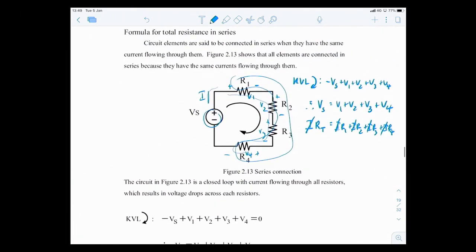So in this case, this picture right here, I can write it as Vs and all the R's combined together. So this R total becomes R1 plus R2 plus R3 plus R4. Same I going through, so I can combine the R's together also.